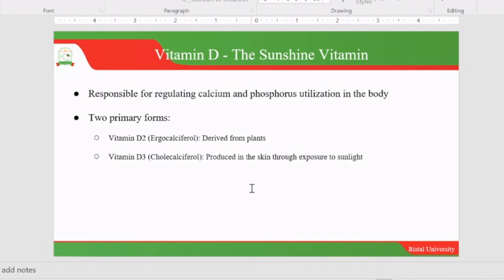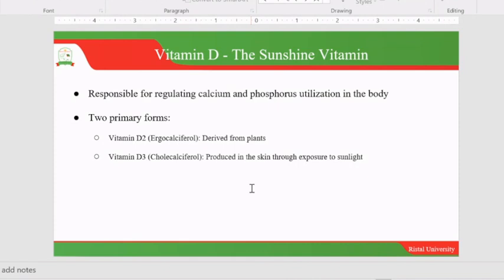Like I was saying, vitamin D is essential for maintaining bone health through regulating calcium and phosphorus utilization in the body. It also plays roles in immune function, mood regulation, and muscle function.